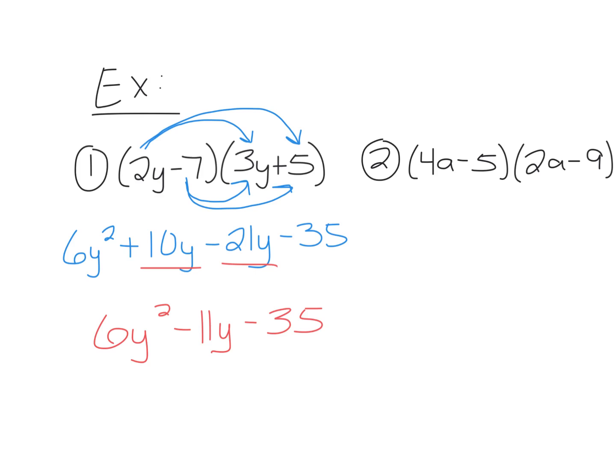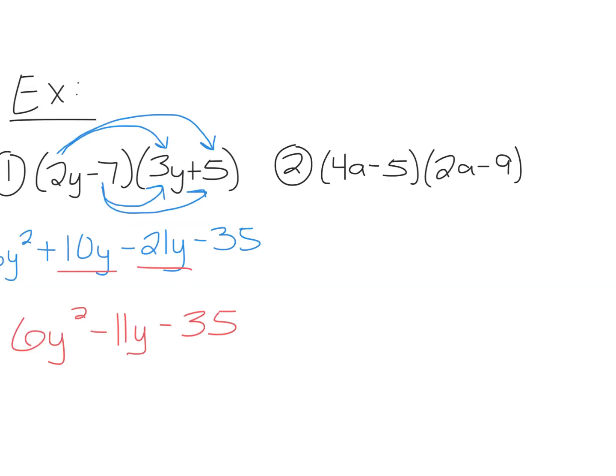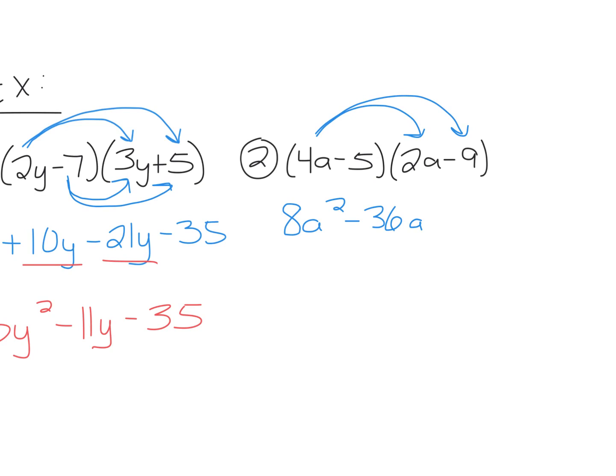Okay, go ahead and try number 2. Yep, 4a times 2a, what'd you get? Yep. What's next? Yep. So we get negative 36a. Now that we've done 4a to all terms, what do we do next? Yep, negative 5 times 2a, so we get negative 10a.